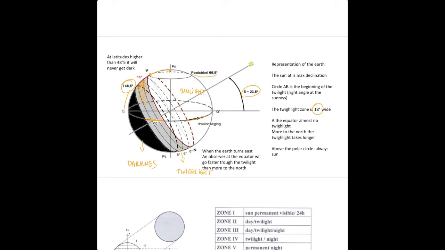So above the polar circle, which is at a latitude of 66.5, which is this 48.5 plus 18 gives you 66.5, there the sun never sets.